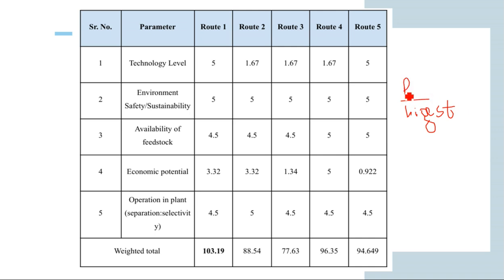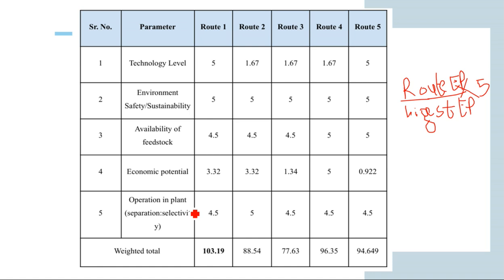The economic potential of the route divided by the highest economic potential, multiplied by 5. So what have I done? I choose the highest economic potential. Let's say economic potential is denoted by EP, and I normalize each and every economic potential by that, and multiply that by 5 to get their ranking.